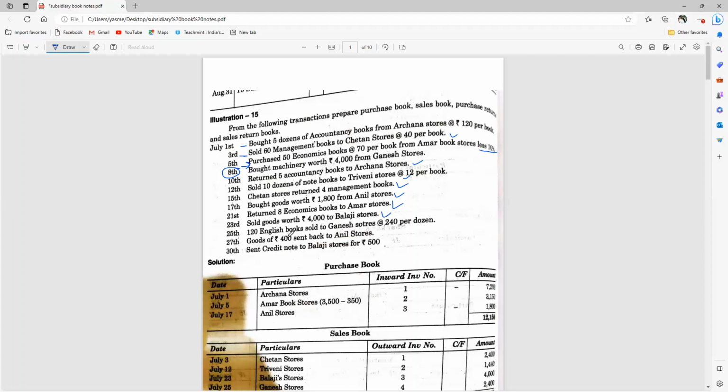120 English books sold to Ganesh stores at 240 per dozen. See, 1 dozen is equal to 12 pieces, right?